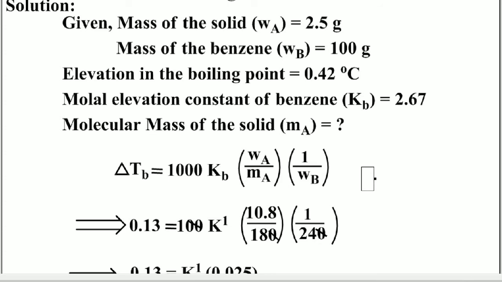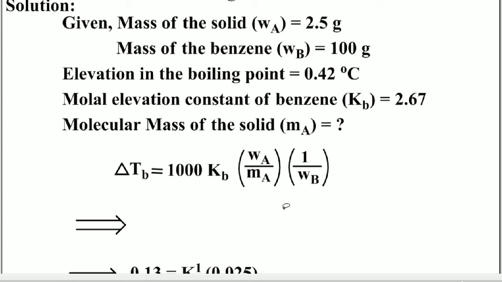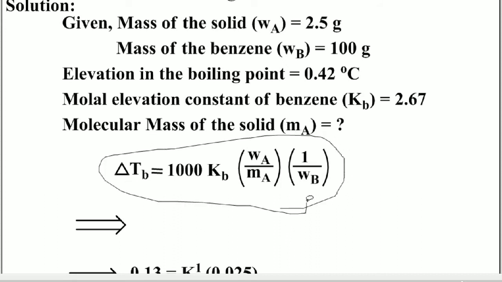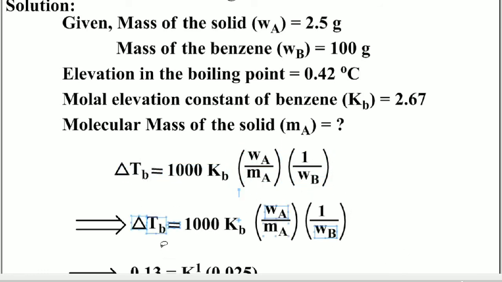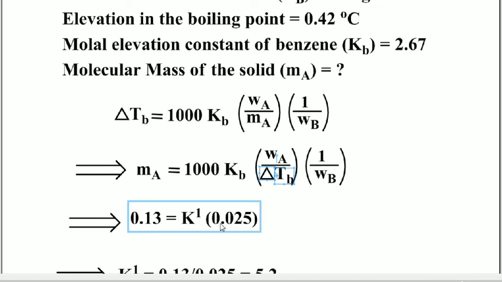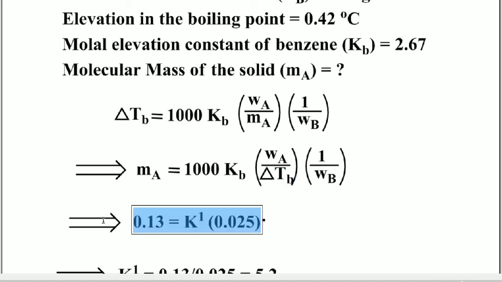We can rewrite the formula as MA is equal to 1000 into Kb into WA by delta TB into 1 by WB. On substituting all these values, we get the MA value.